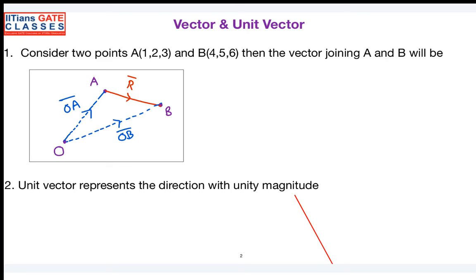Now see, using the vector law of addition, what can we say? OA bar plus R bar is equal to OB bar. Right? So I can say the vector joining the points A and B, R bar, is equal to OB bar minus OA bar.